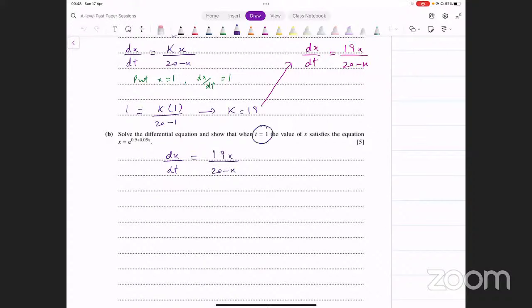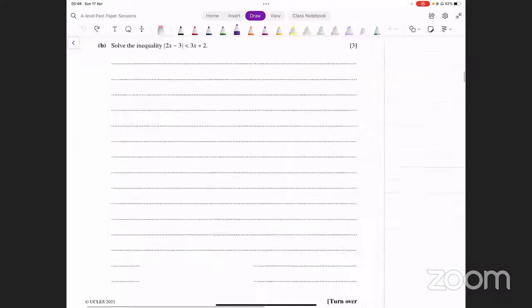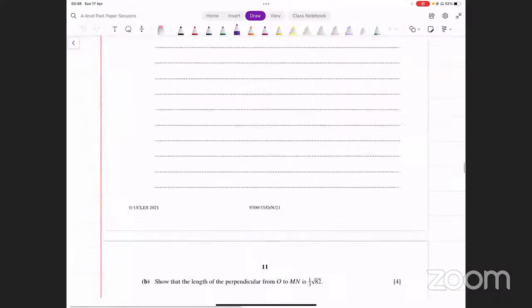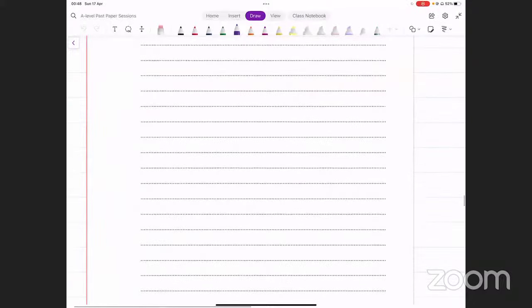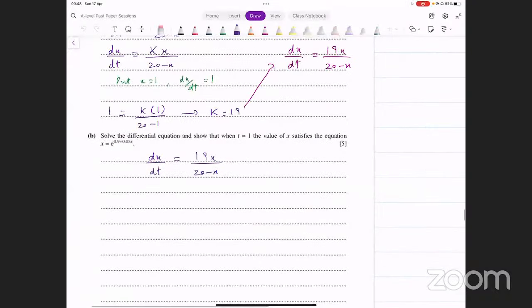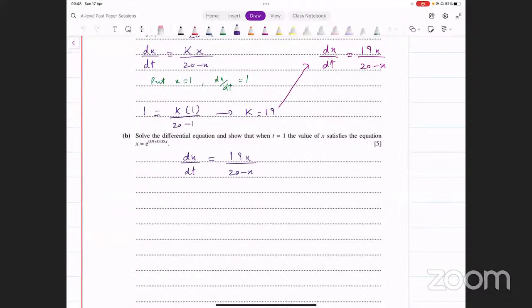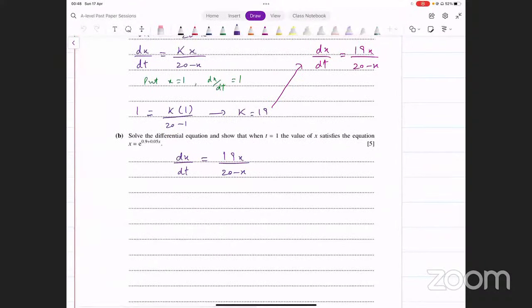And show that when t equals 1, the value of x satisfies. Question number 10. Okay, we were here. Acha. dx over dt equals 19x over 20 minus x. We have to solve this differential equation and show that when t equals 1, the value of x satisfies this equation.